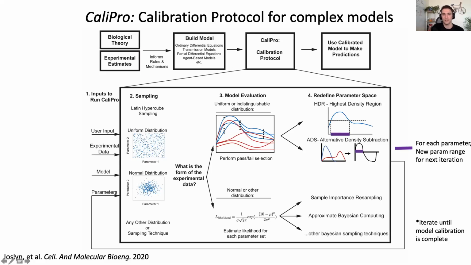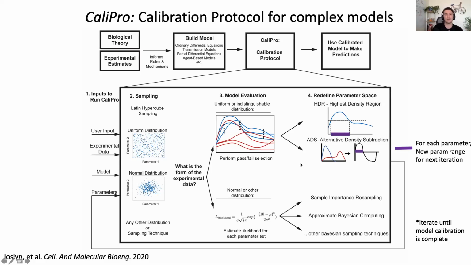So CaliPro is absolutely an iterative process, but once you actually have the calibrated model, you can then go on and do all of the really cool things that math modeling can do and start making predictions and explaining different biological phenomena.